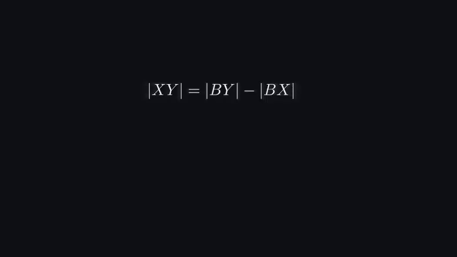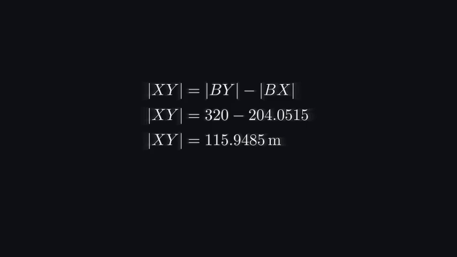Length of XY equals length of BY minus length of BX. Length of XY equals 320 meters minus 204.0515. Length of XY equals 115.9485 meters. Length of MW equals length of XY.